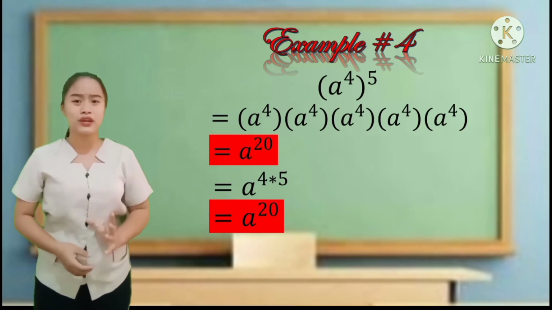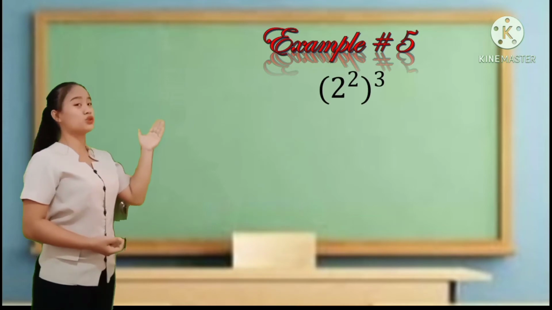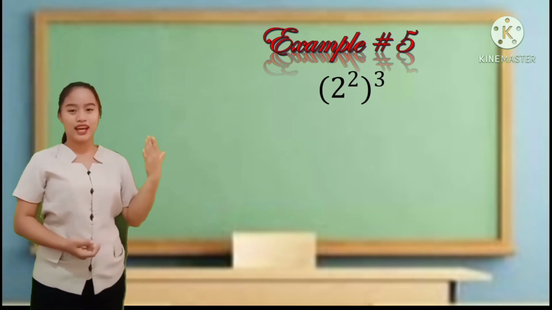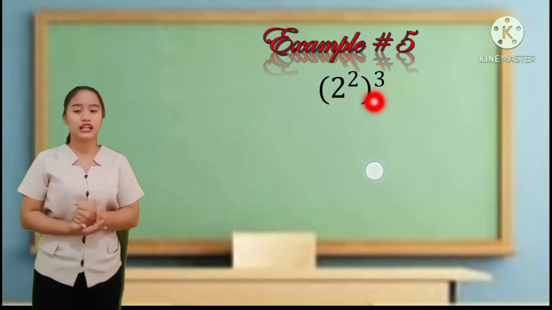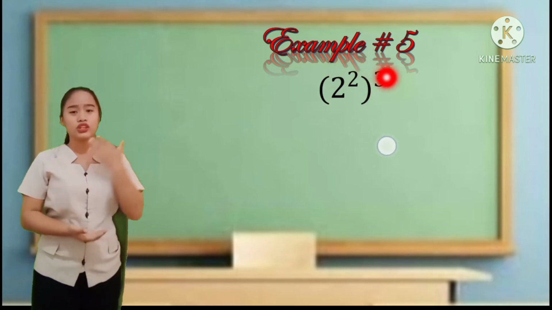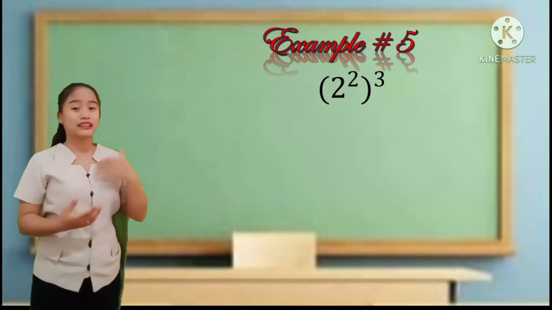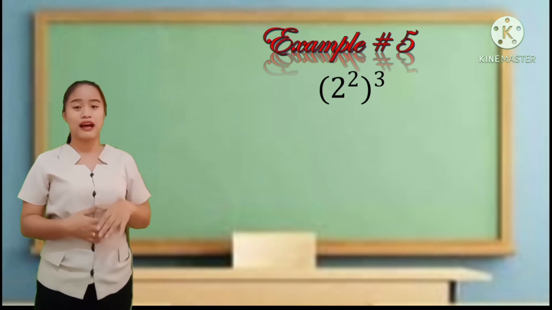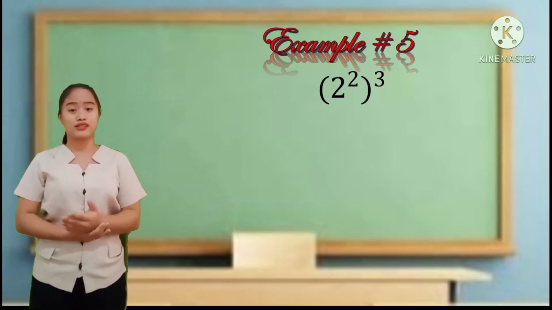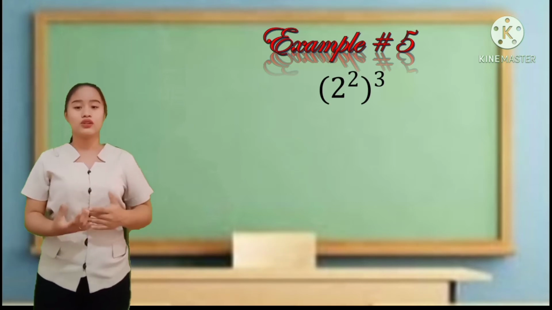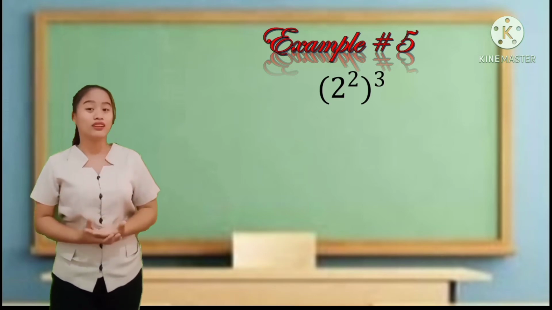So, the same with this example, we have another one. We have 2 raised to 2, raised to 3. Okay? You will just multiply the exponents, but the difference here, class, is you need to simplify your solution. Not like the example a while back, where you just multiply the exponent of a and the exponent 5, add the exponent, then copy the variable, just like that.